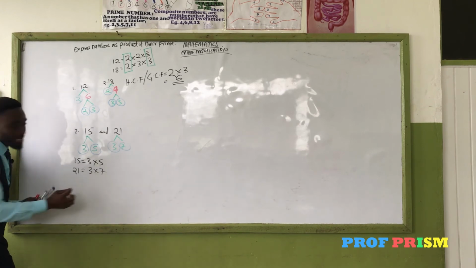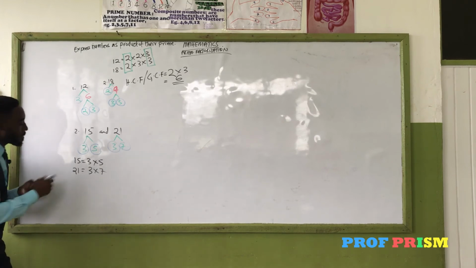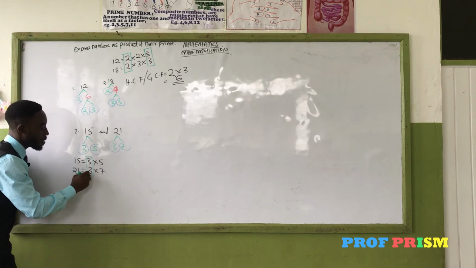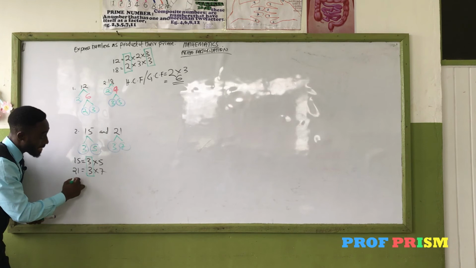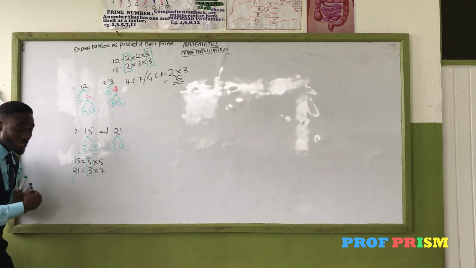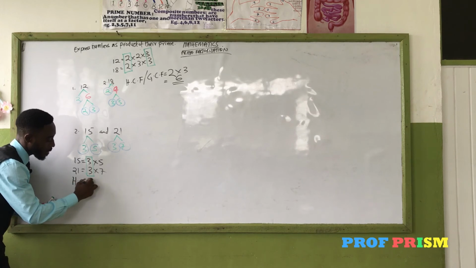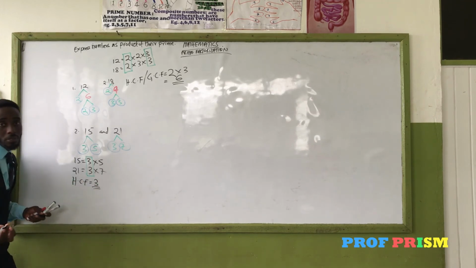Just this 3, right? So we just have to box them like that. Is that okay? So the highest common factor is equal to 3. That's how we do it.